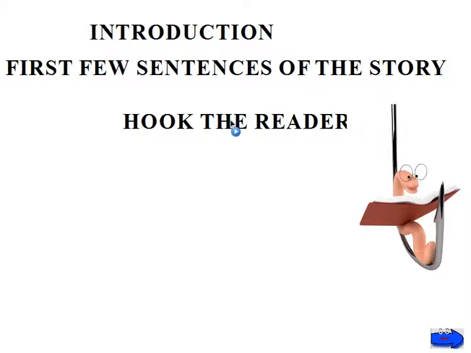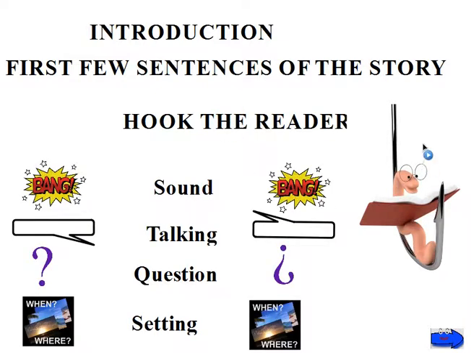So, how can you do this? There can be several ways. Let's have a look at four of them. You can start your story with a sound. For example, bang, and we all ran away. You can start it with talking, giving some kind of a dialogue at the beginning. You can start with asking a question.